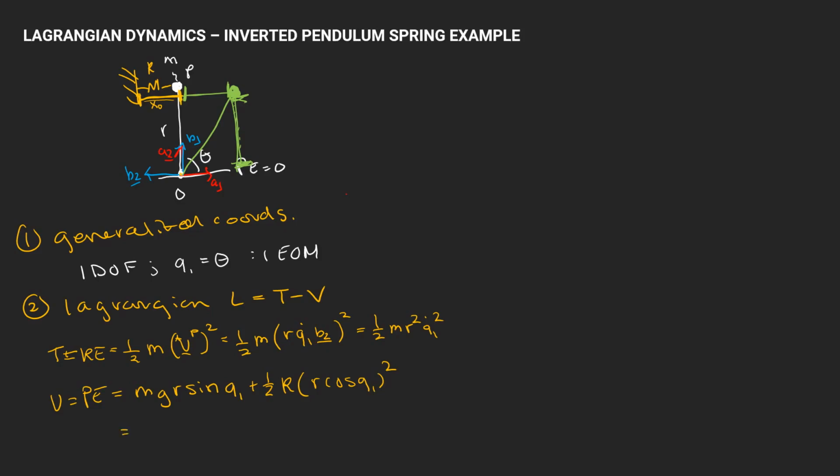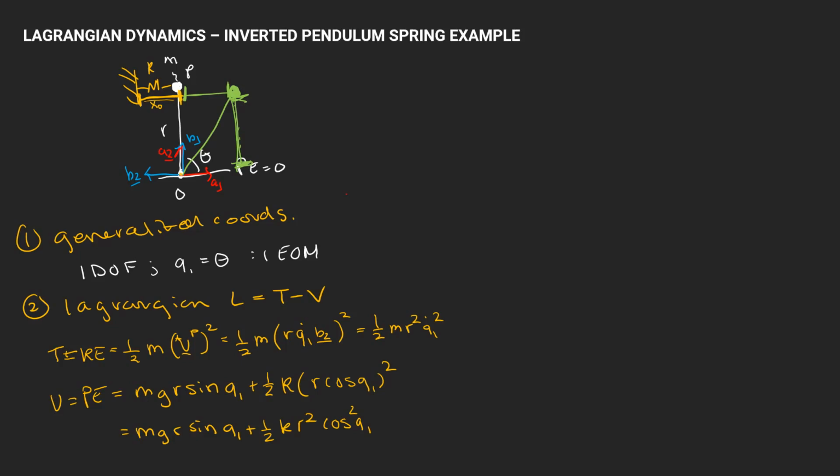And we can just rewrite that all as mgr sine q1 plus 1/2 k r squared cosine q1 squared.